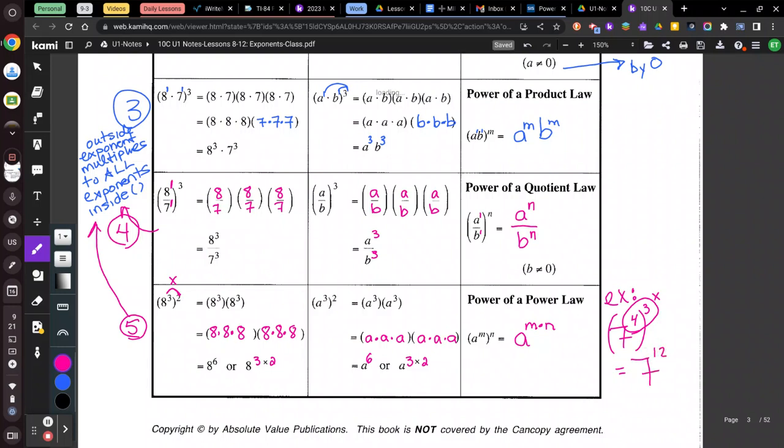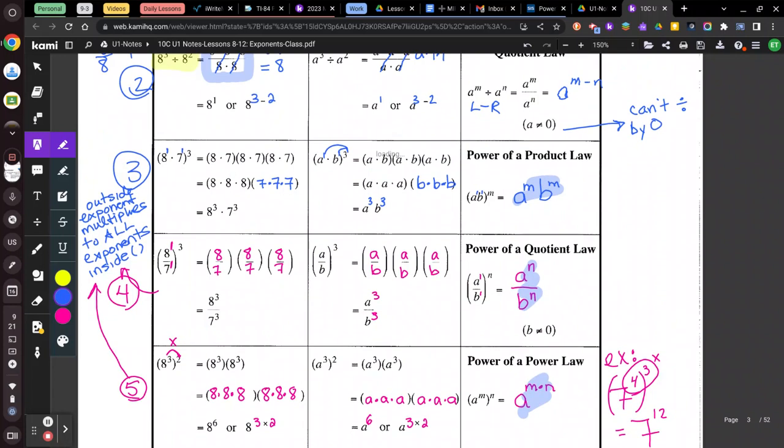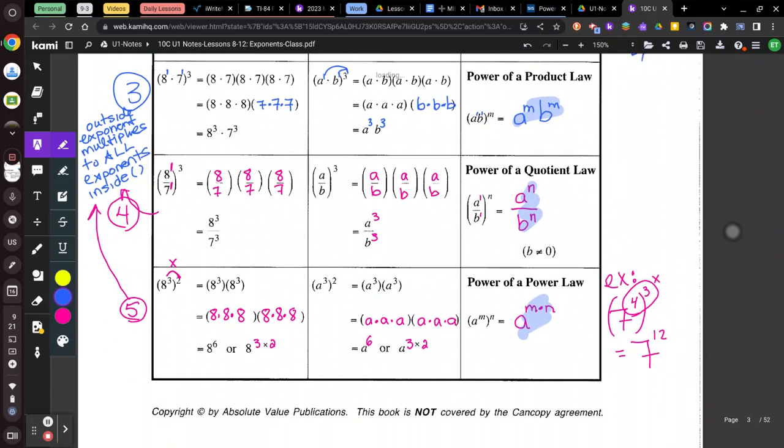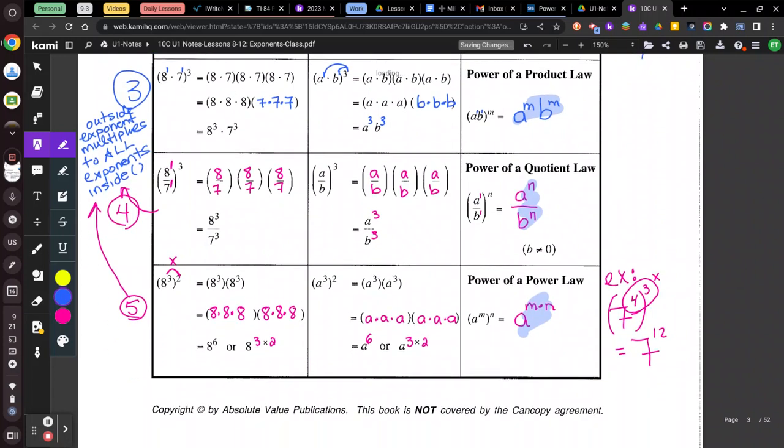So you're noticing on every single one of these steps, on this one, and this one, even including the one before, it didn't have brackets, but anywhere they had brackets, the minute you take the outside exponent inside, it removes brackets. So that's the process to remove the brackets. Okay?